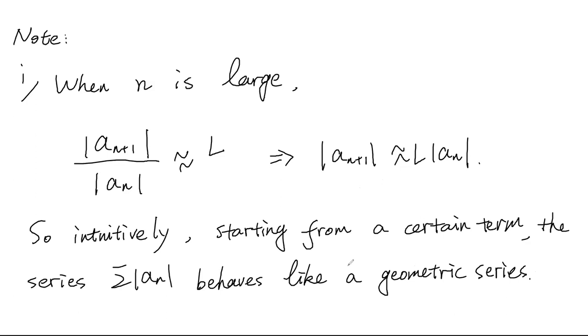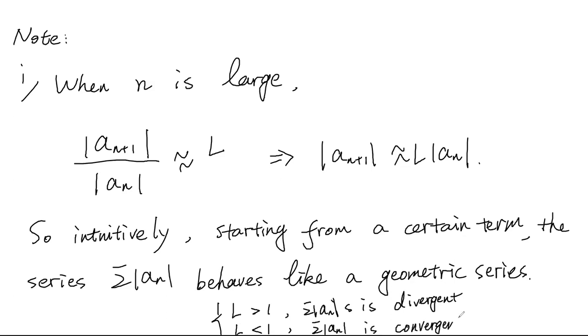And for the geometric series, we know that when the ratio L is greater than 1, the series diverges. Yeah, the series here I meant is the absolute value of a_n, and when L is less than 1, this converges.